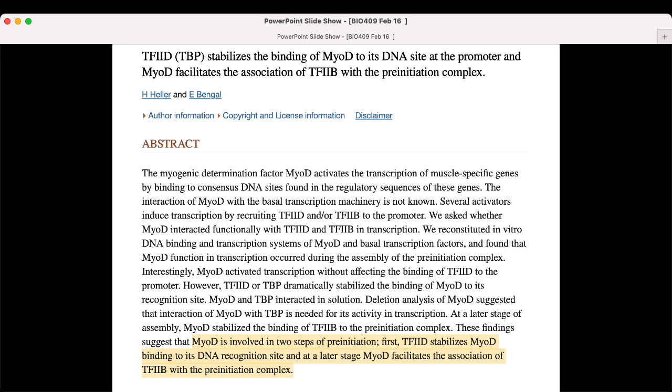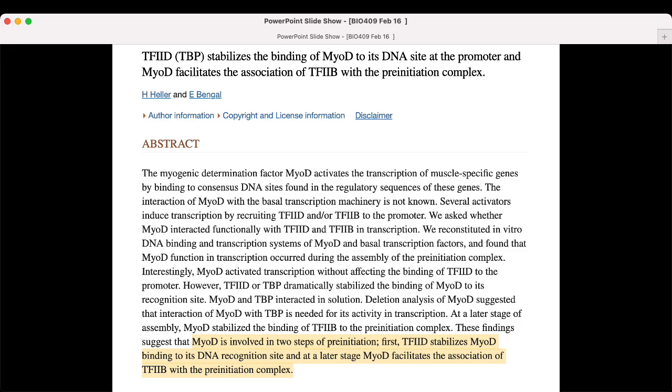First, TBP somehow stabilizes MyoD binding to the enhancer, right? We thought MyoD would just be there. But somehow this is a two-way street, where MyoD is like, I'm not sure I can find the enhancer, and TBP binds to it and says, here's the help you need, there's an enhancer.